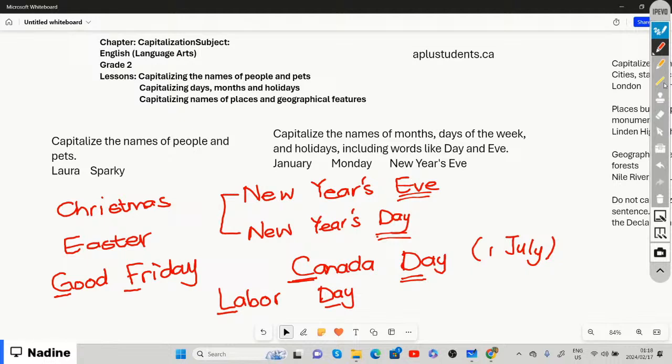So this is but a few examples of the public holidays, which is nationally as well as within your country. And we say that you capitalize it, meaning that the first letters of that word need to be capitalized.